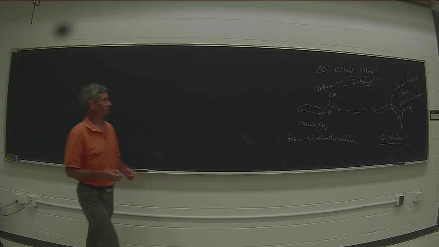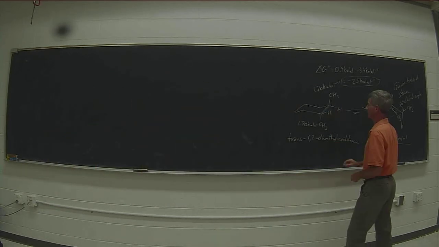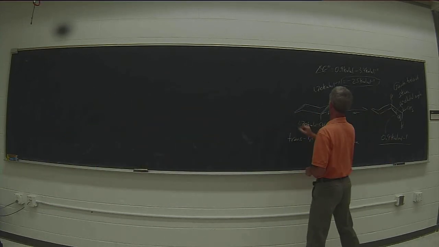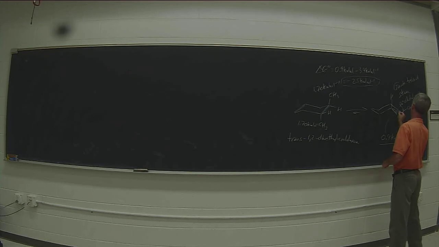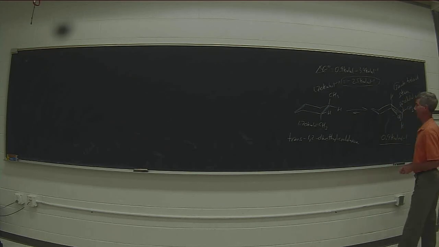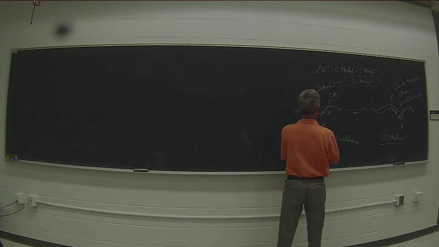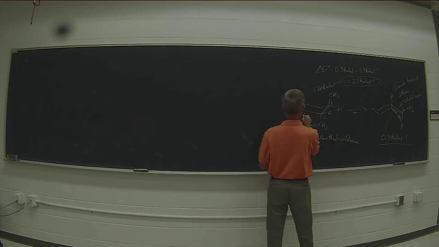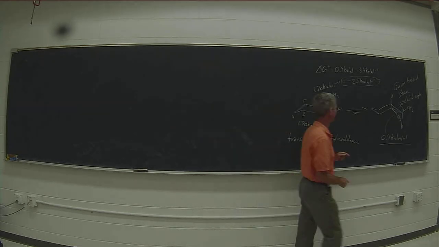And I'm actually going to look down this carbon-carbon bond and this carbon-carbon bond. So if I number this, I want to look down the carbon 2,1 bond, and I want to look down the carbon 4,5 bond.